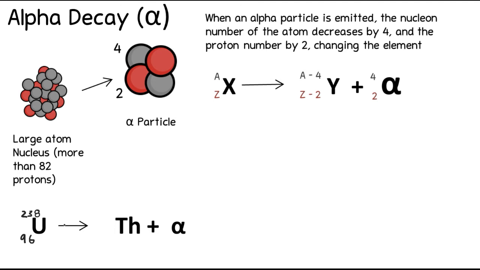And what happens is it decays into thorium, and that has 238 minus 4 for its nucleon number, and 96 minus 2. So that ends up with a nucleon number of 234 and 92 for its proton number. And then of course here we've got the alpha particle, which is 4 and 2. So that's just an example.